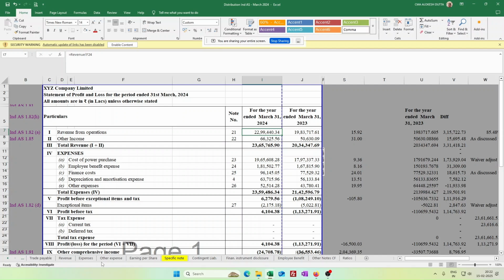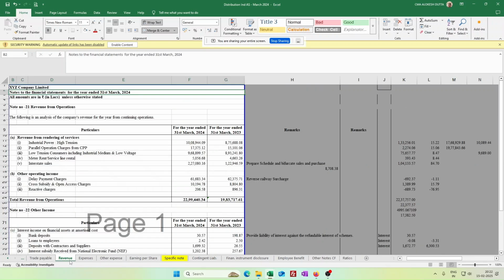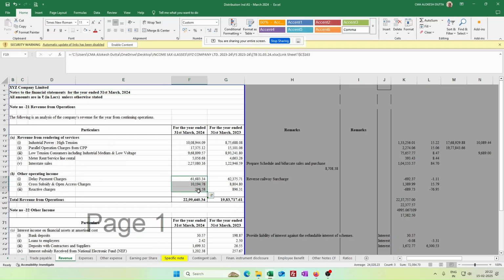Yes, revenue. This is revenue for rendering service. Total revenue from other operating income. You can add these and it will come to 72,084.70. These three items. You have to go through the details of the schedule also.